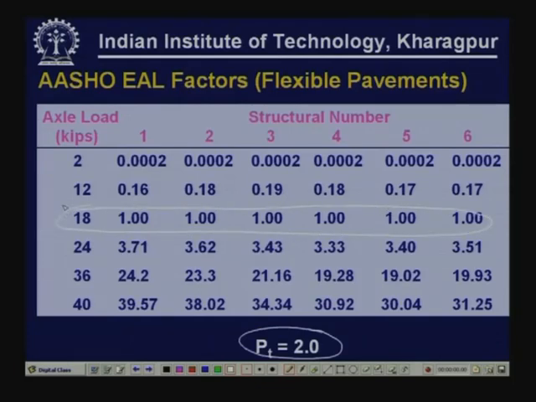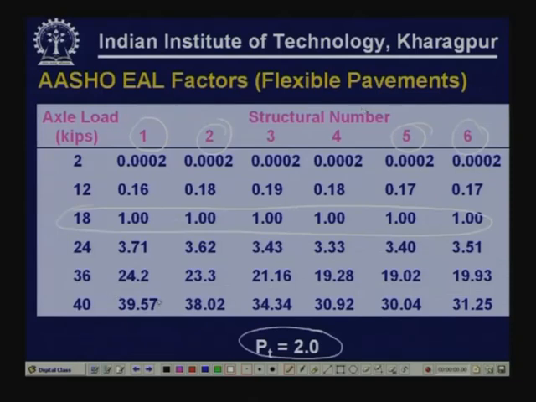So, as you can see here, obviously for an 18 kip axial load, irrespective of the structural number of the pavement, the structural number indicates the strength of the pavement. Irrespective of the structural number, the equivalent axial load factor is 1, because we are comparing with an 18 kip axial load.